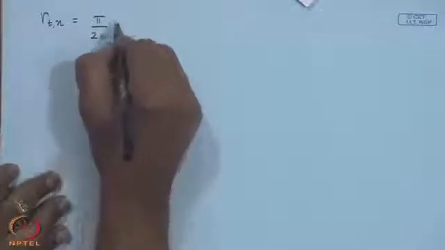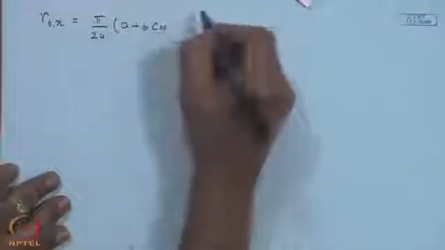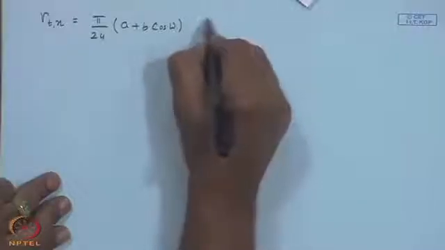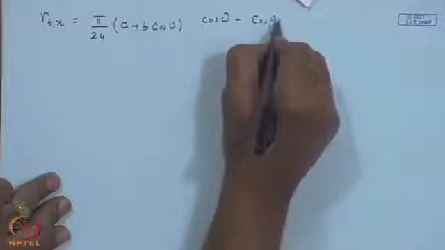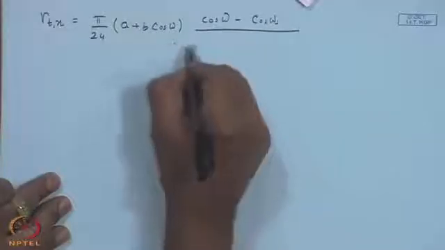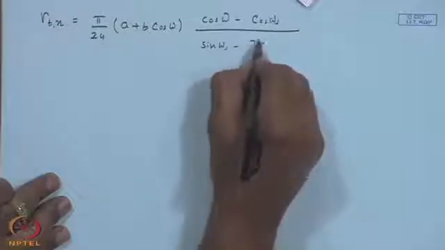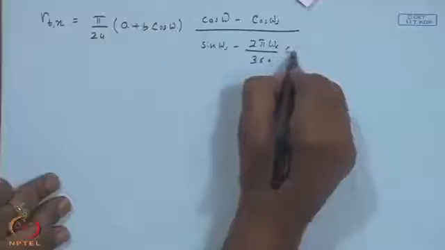R T n is pi by 24 times (a plus b cos omega), again the Collares-Pereira and Rabl relations which we have written earlier, times (cos omega minus cos omega s) by (sin omega s minus 2 pi omega s by 360 cos omega s).